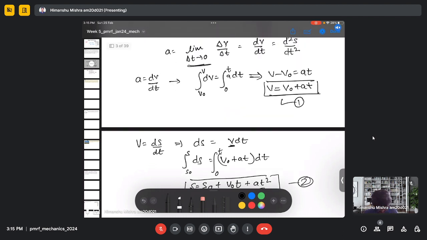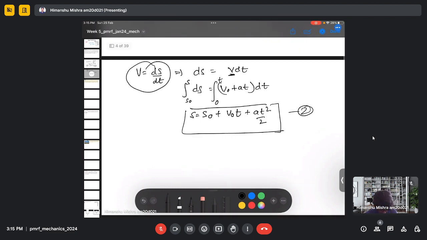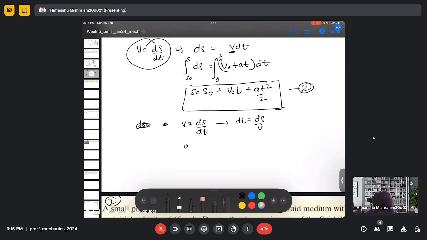Now if we take these two expressions and remove the time derivative from them, for example, we have v equals ds by dt, so I can write dt equals ds by v, and a equals dv by dt, so I can write dt equals dv by a.